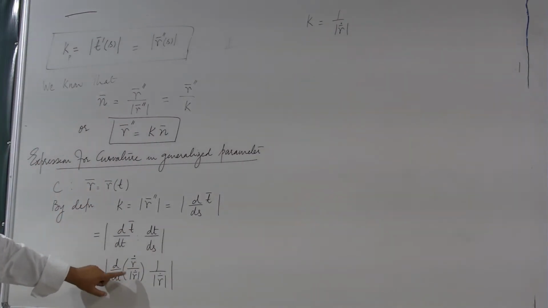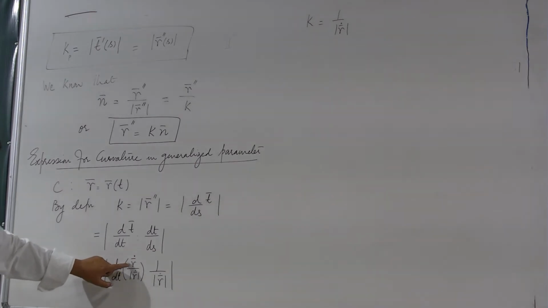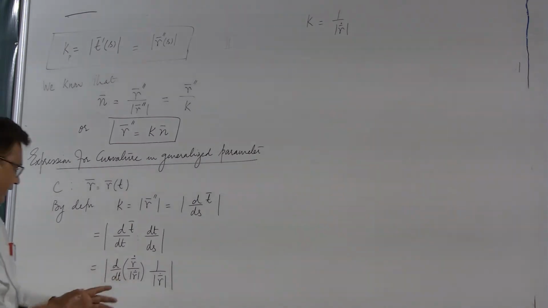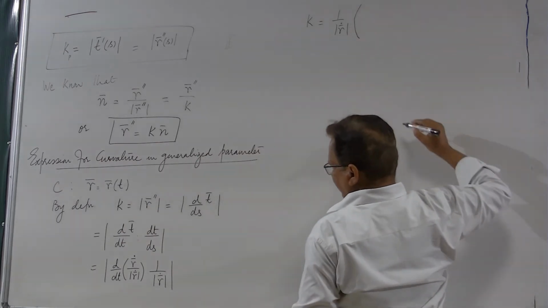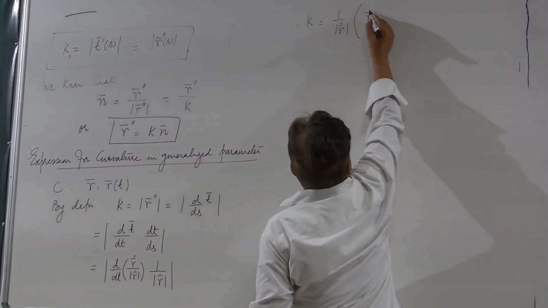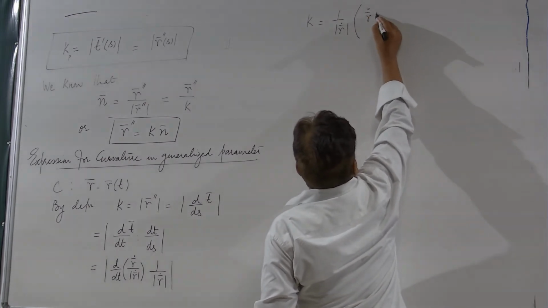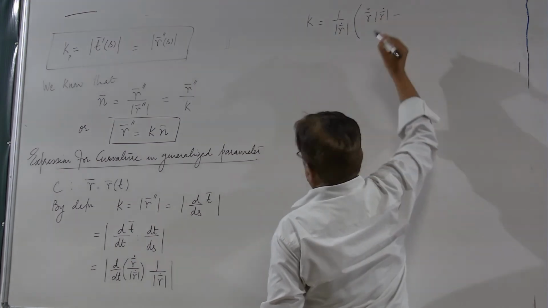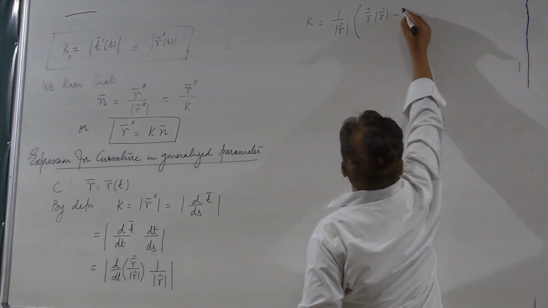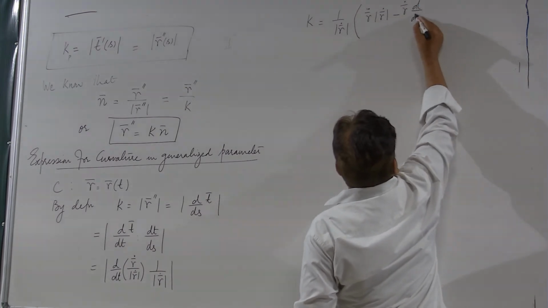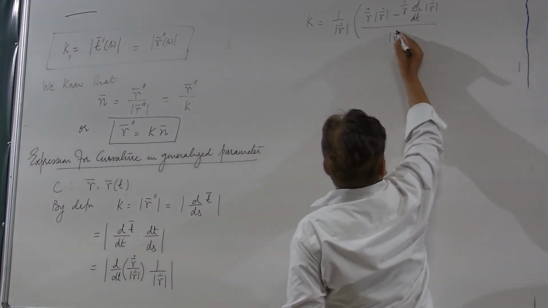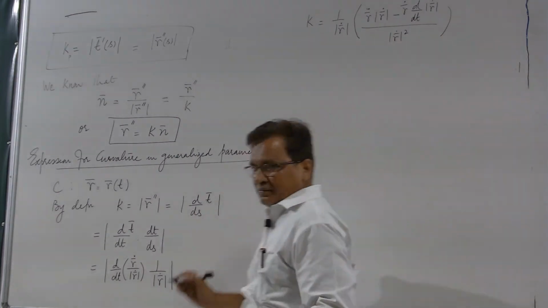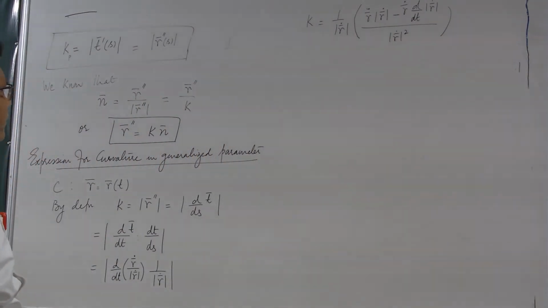I will read this as a quotient function, with r dot in the numerator and mod r dot in the denominator. The derivative of a quotient function is given by: the derivative of r dot, which is r double dot, times mod r dot kept as it is, minus r dot as it is into the derivative of mod r dot, upon mod r dot square, straight away by the elementary formula.